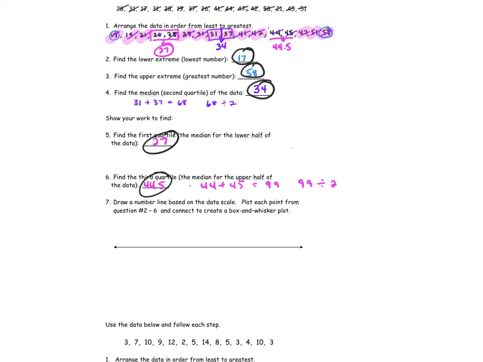So let's count and find out how many lines I need on my number line, starting at 15. That's a little bit smaller than 17. So 15, 20, 25, 30, 35, 40, 45, 50, 55, 60 will get me a little bit above this, and that's 10 lines.